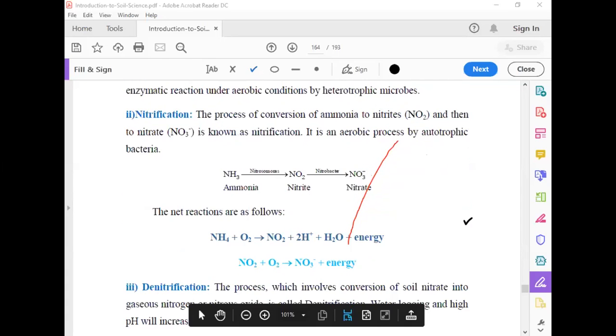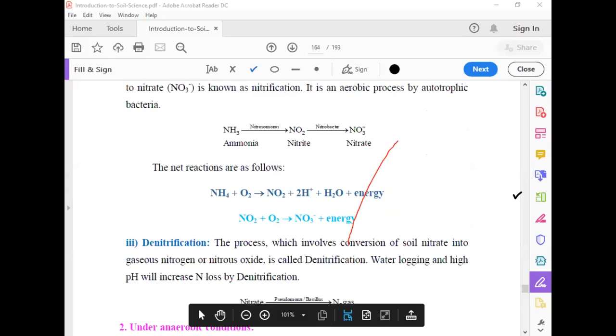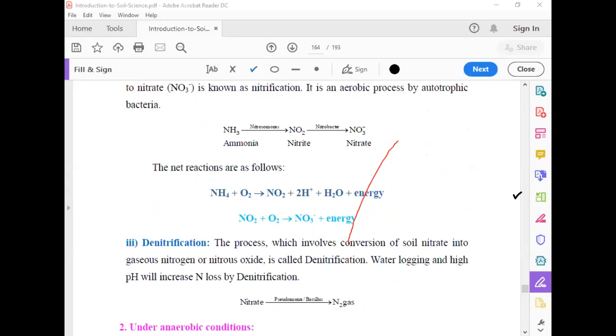Then the reactions are as follows: NH4 plus O2 giving rise to NO2, that is nitrites, then plus 2 hydrogen atoms plus H2O plus energy giving rise to NO3 minus plus energy. That is the most acceptable and available form of nitrogen for easy assimilation by plants.